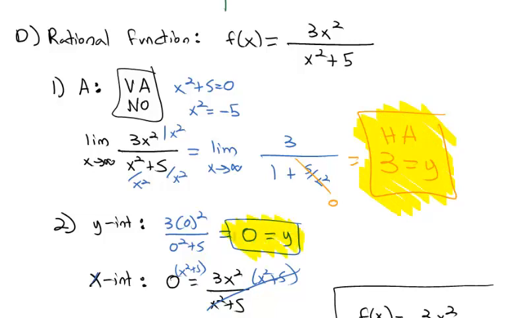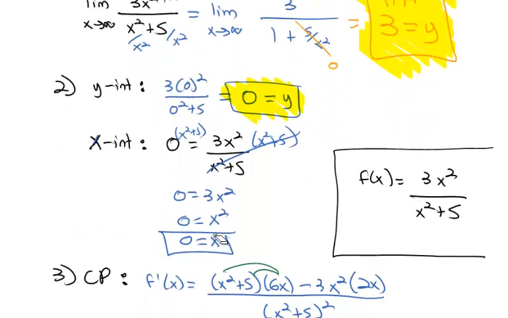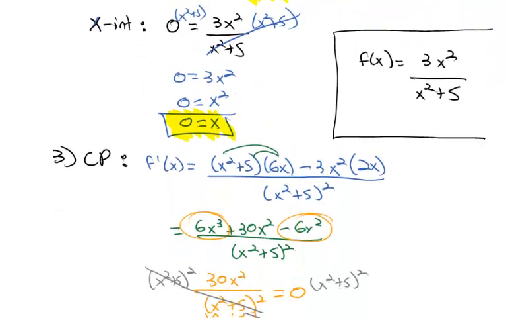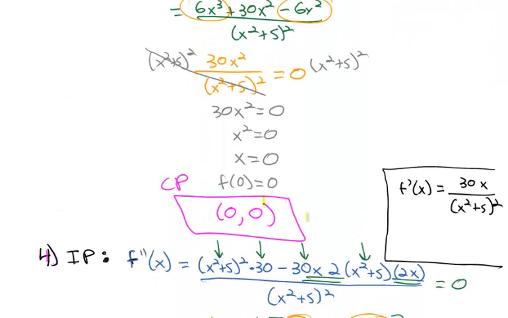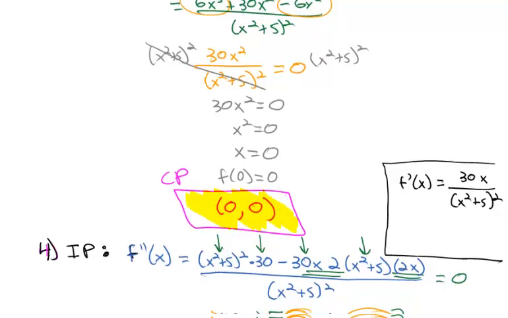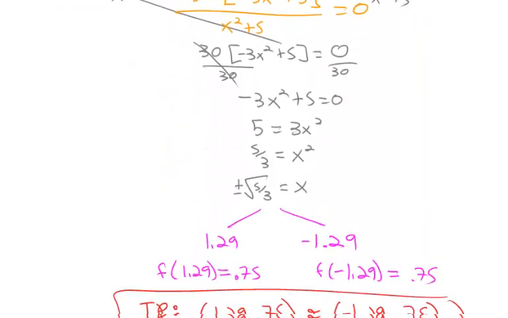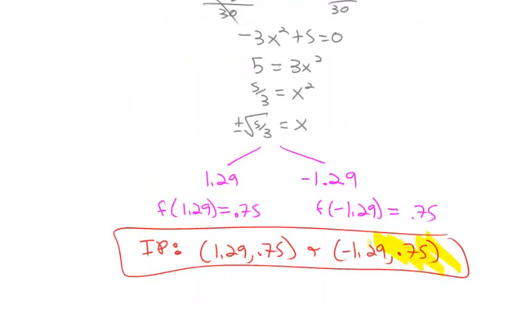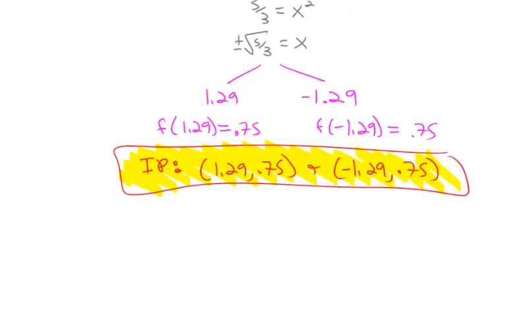We know there's a y-intercept at 0 and an x-intercept at 0. It's really the same point, 0, 0. We know there's a critical point at 0, 0, so not only is that the x and y-intercept, but that's either going to be the minimum or the maximum of the function. We also know there are 2 inflection points. So let's put all of that together to make our graph.